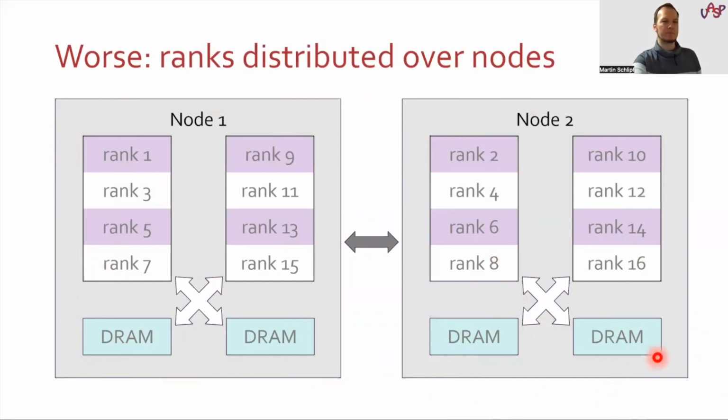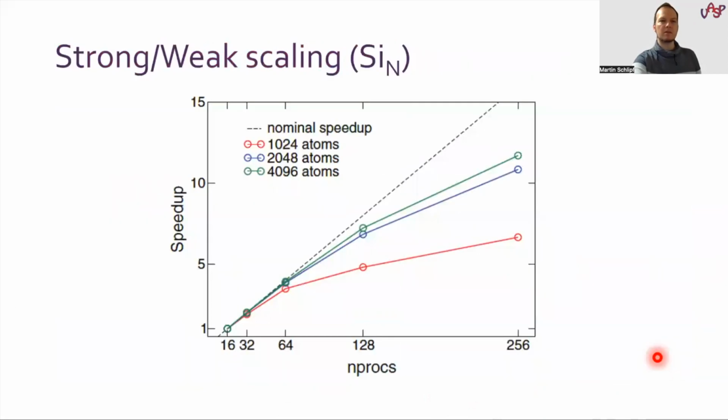Okay, so how fast is this now when you use these different setups? Here you can see a scaling plot for this larger system of silicon. This is a strong and a weak scaling. Strong scaling means increasing the system size with the number of CPUs, and ideally you would see that this does not significantly change the compute time.